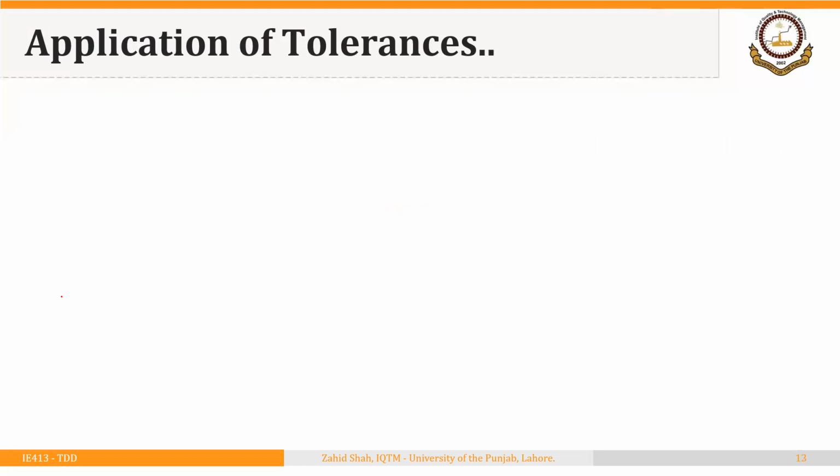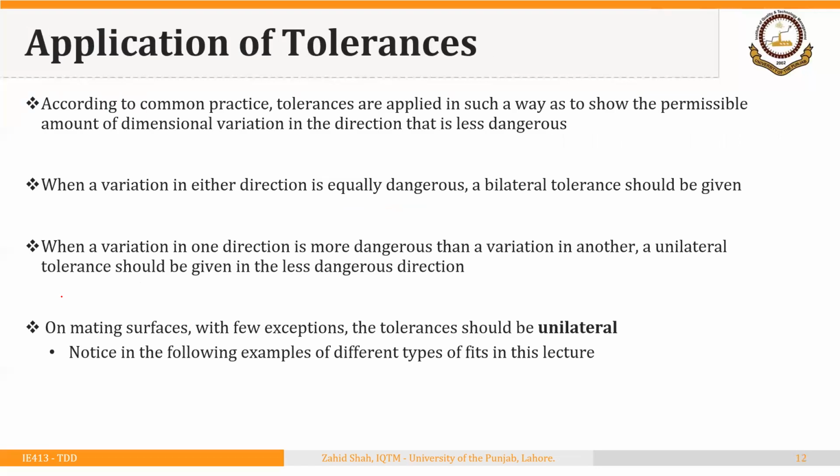So the general answer is that according to common practice, tolerances are applied in such a way as to show the permissible amount of dimensional variation in the direction that is less dangerous. So we will allow variation in size in the direction in which allowing the variation is less dangerous.